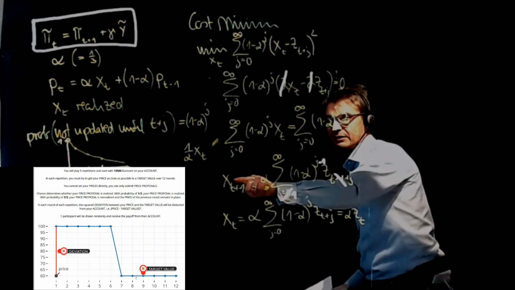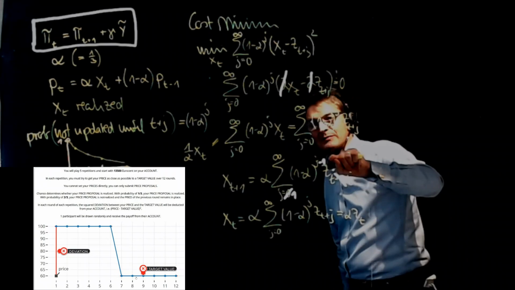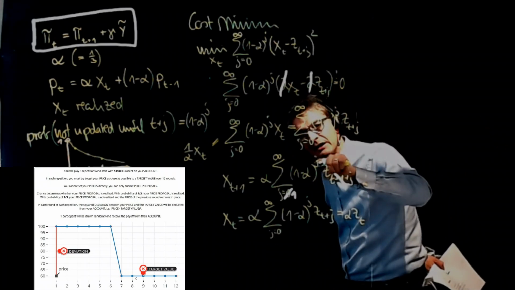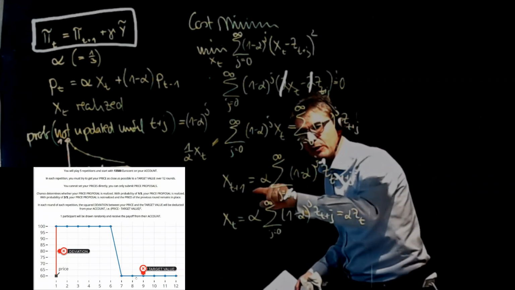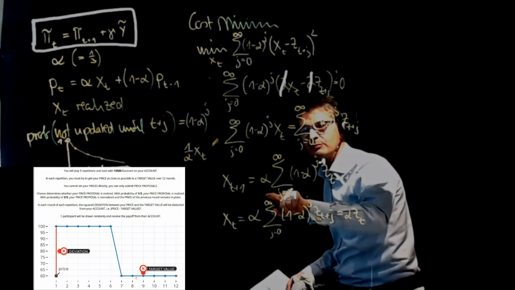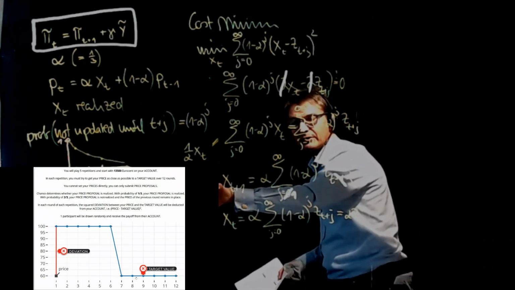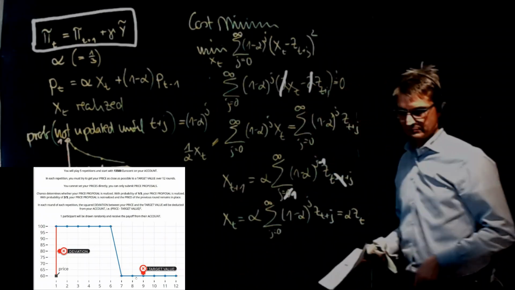If we recognize this here, we could simply take out the minus 1 here and divide the whole term by 1 minus alpha here. Or multiply by 1 minus alpha, and then we have (1 minus alpha) times x_{t+1}.